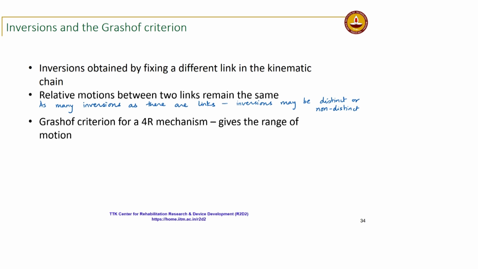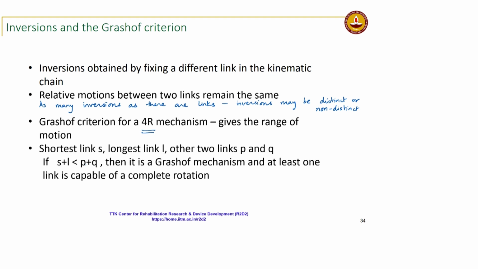And for a 4 bar or a 4 R, 4 revolute joints, typically a 4 bar is referred to as 4 R mechanism. A slider crank, as I mentioned earlier, would be a 3 R 1 P mechanism. So, the Grashof criterion is a geometric criterion that gives the range of motion for a 4 bar mechanism.